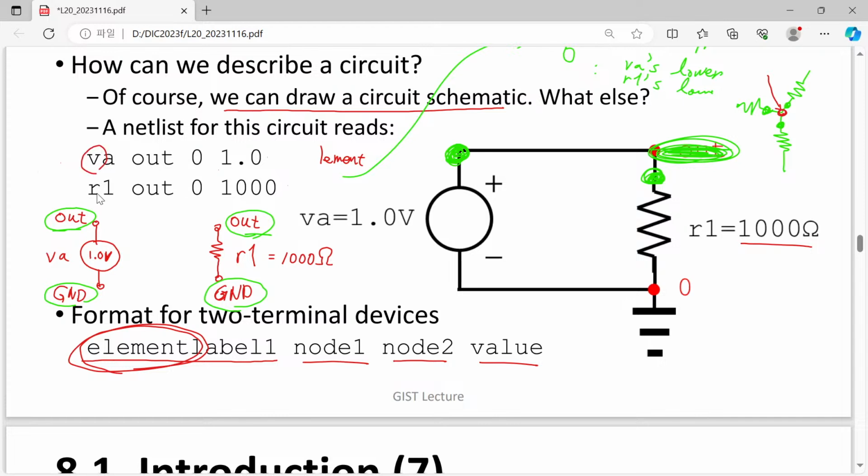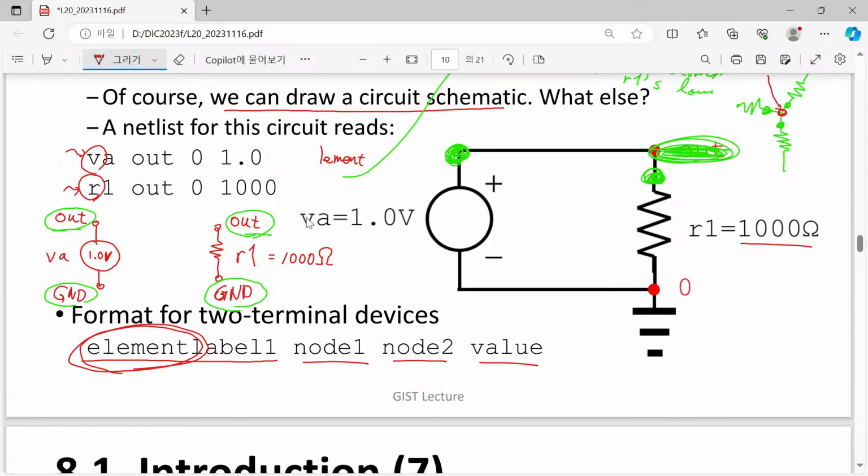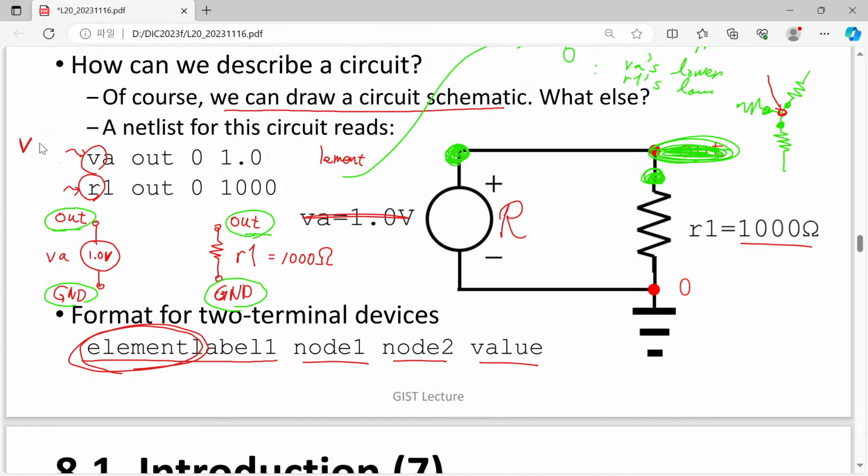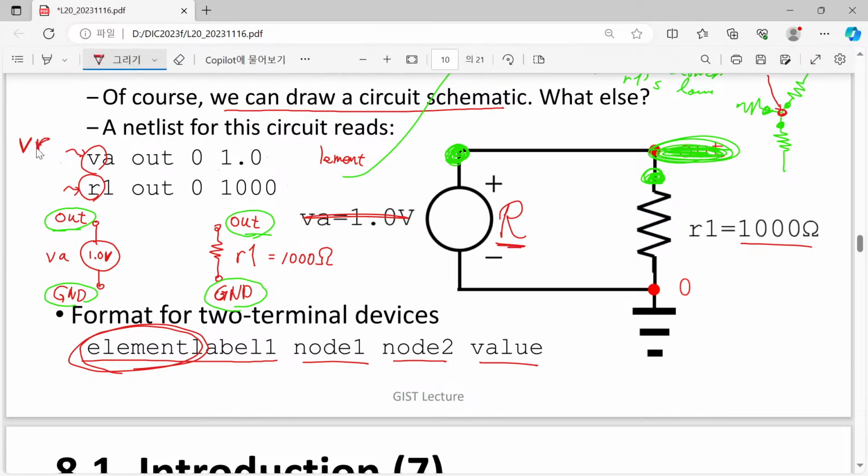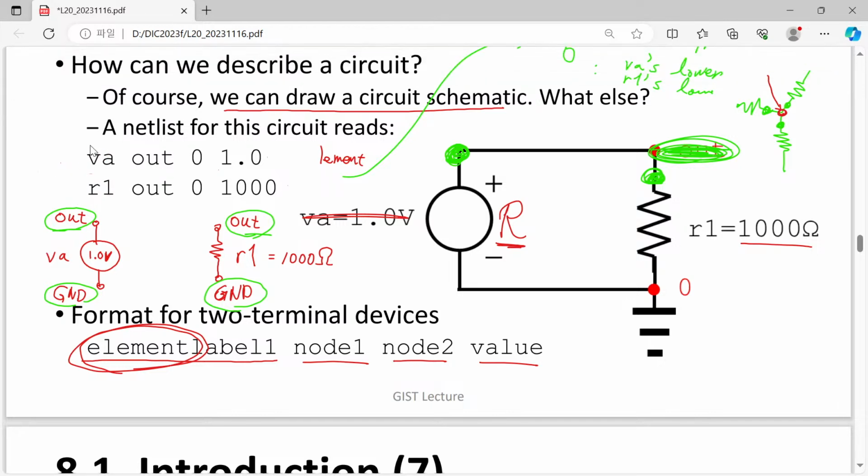V, R. It means that this is a voltage source and this is a resistor. It is not possible for us, for example, although this is a voltage source, to call it R, because every voltage source should start with V. So if you really wanted a certain R, then you have to say VR, something like that. Okay? So this is a really clever and compact way.